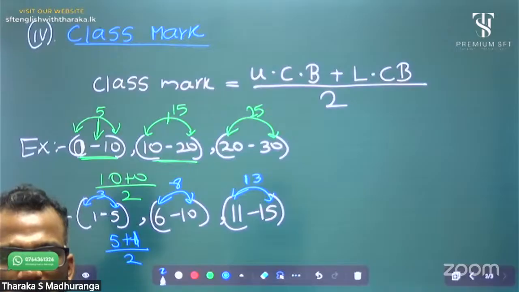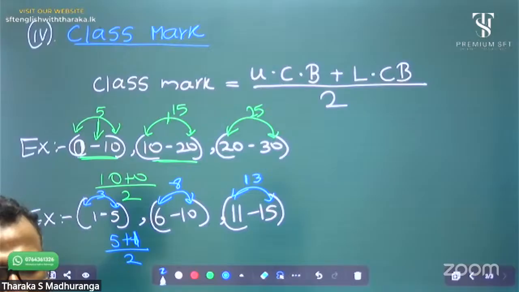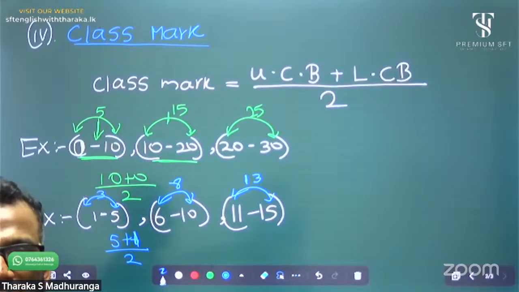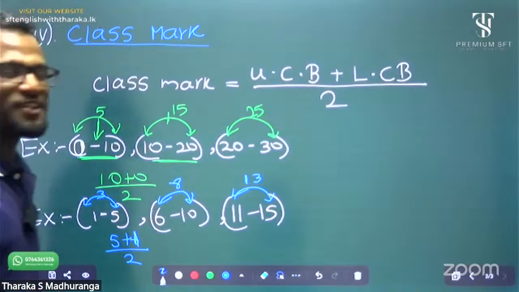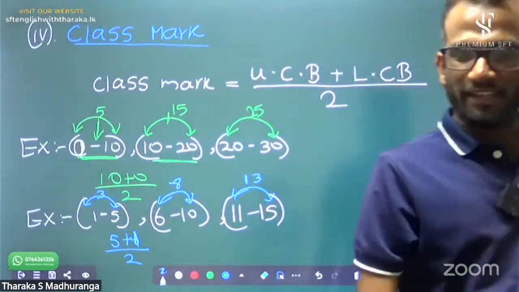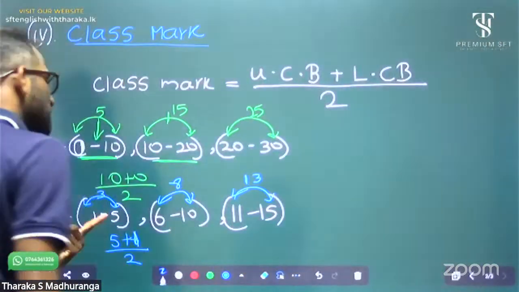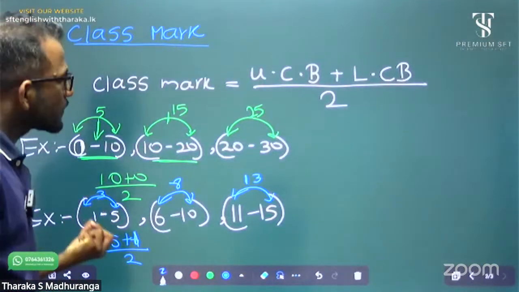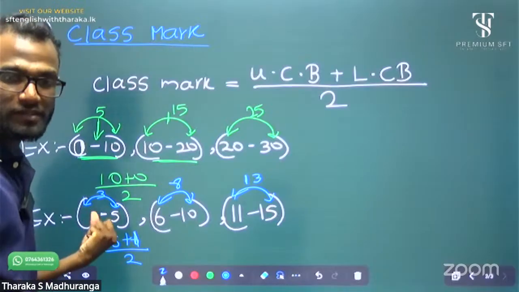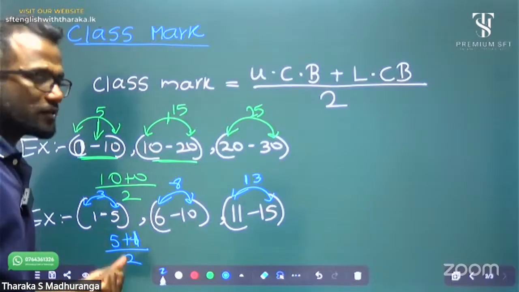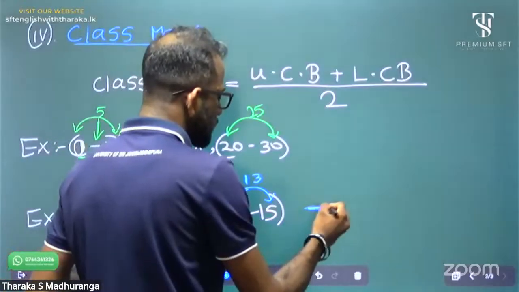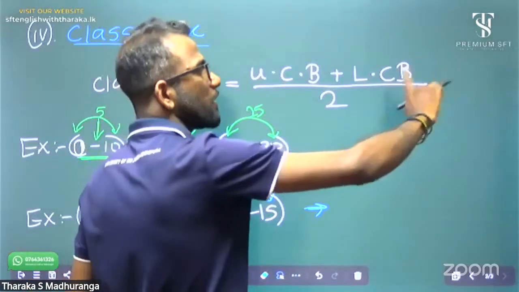Are they correct? 3, 8, 13. Are they correct? Yes, correct. Why? Remember, if you get the class mark using boundaries or using limits, it is the same answer.